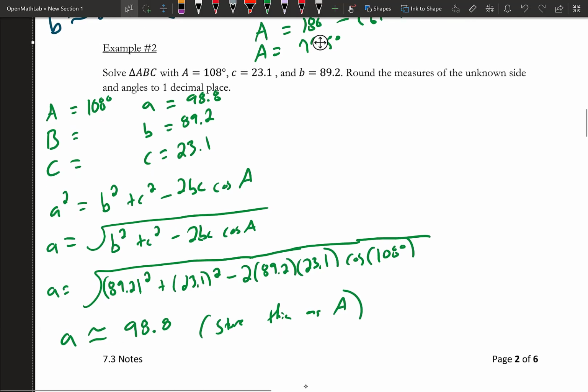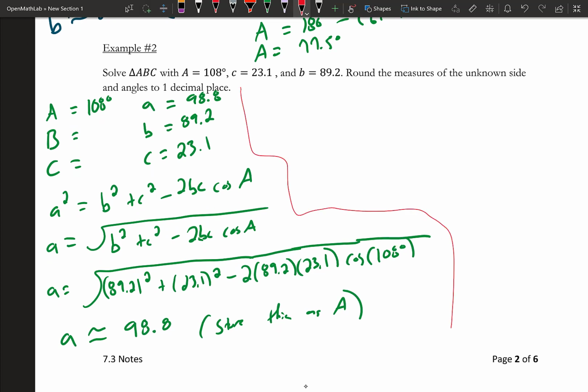So now what we want to find is the angle across from the shortest side given, which was C. So we can use the law of sines. Sine of C divided by 23.1 equals, and I'm going to have to use A, sine of 108 degrees divided by 98.8.